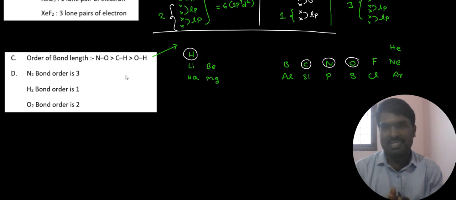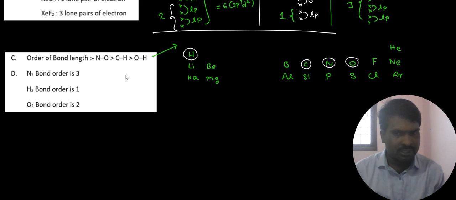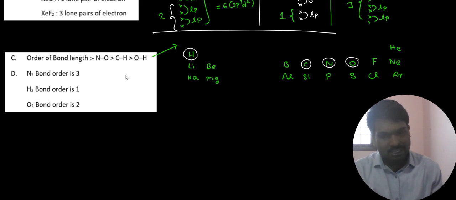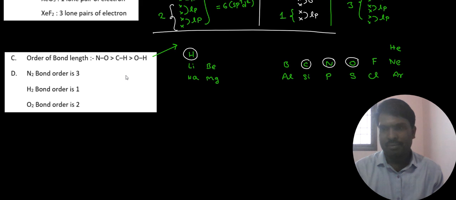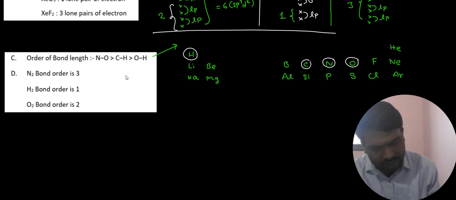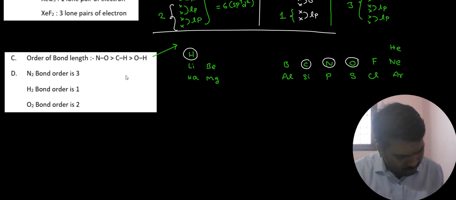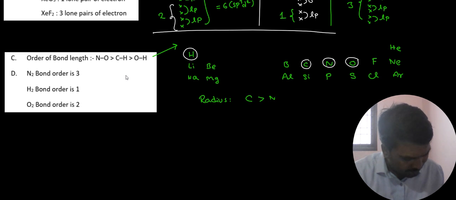Atomic radius decreases across the period from left to right, and increases down a group from top to bottom. So here, radius of carbon is greater than nitrogen, which is greater than oxygen.